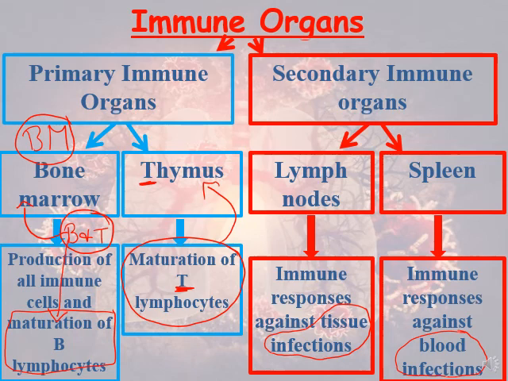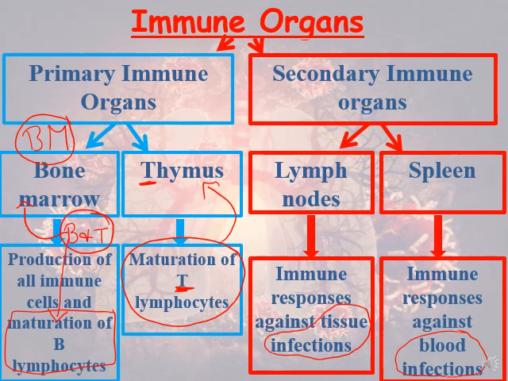So I repeat, we have primary immune organs and secondary immune organs. The primary immune organs are the bone marrow and the thymus. Bone marrow produces B and T and matures only B, whereas the thymus produces nothing, it only matures the T. So the bone marrow is the origin, the strongest one.